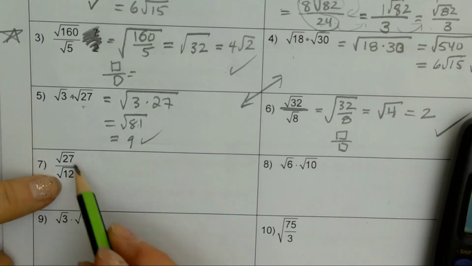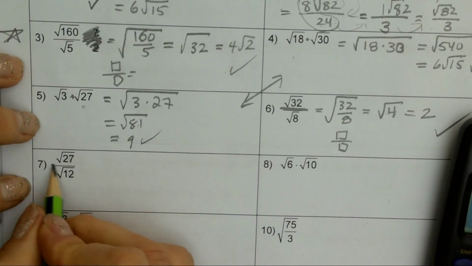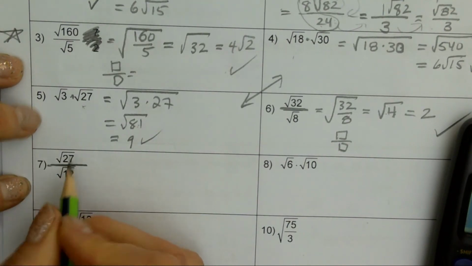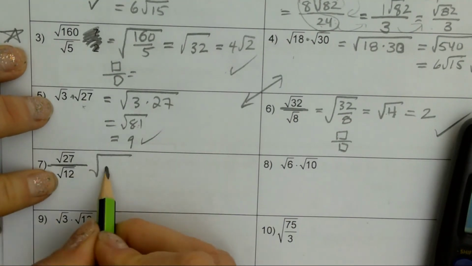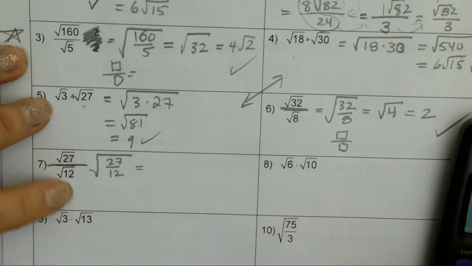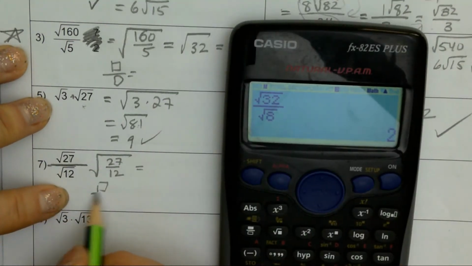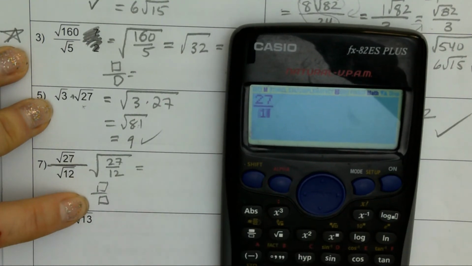I don't know what to do with these, so they're separate, so I'm going to put them together, and this is divide. So the rule says when we have divide, we can put the radical signs together as one big one, and we just go 27 over 12. And then we're going to use our fraction button to see if we can simplify that. 27 over 12.